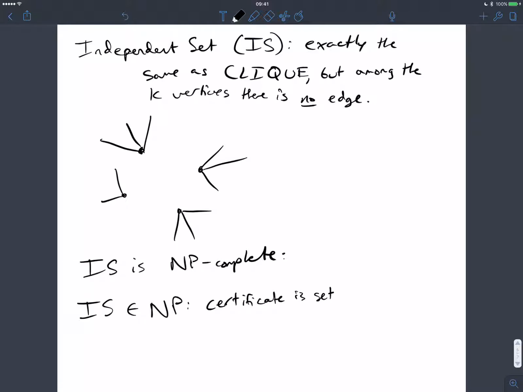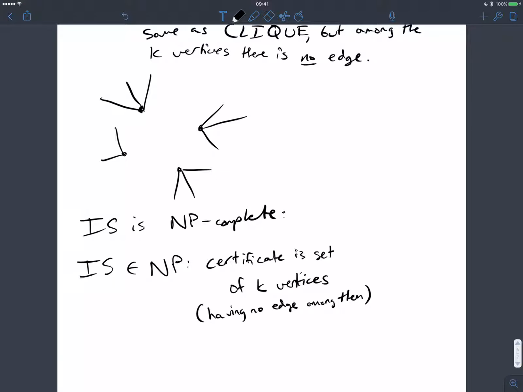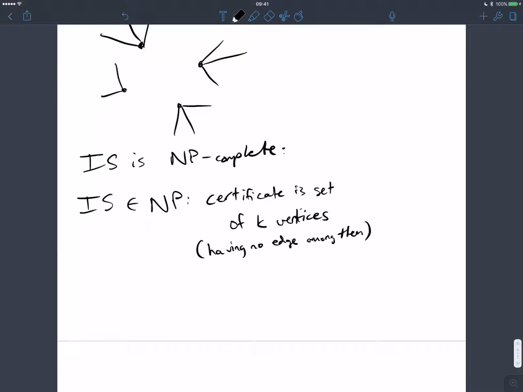This part really is the easy part. It should not be hard. The certificate is the set of k vertices, and we should just be clear about it, having no edge among them. And now we just have to show IS is NP-hard.